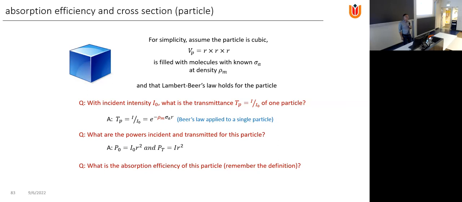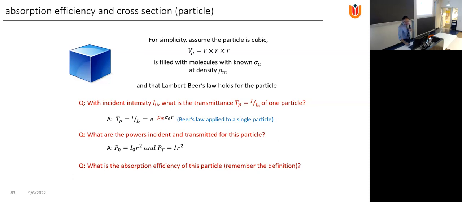Calculate that. How was that? It would be PT over P0. Yeah, PT over P0. So, no, not PT over P0. It would be PA over P0. So the absorbed power divided by the incident power.